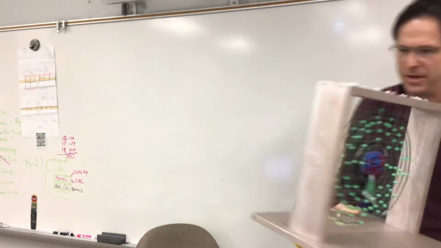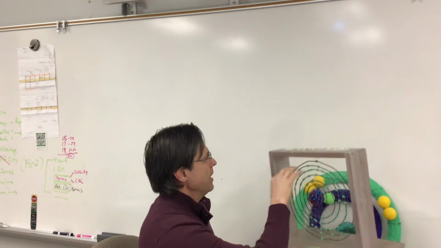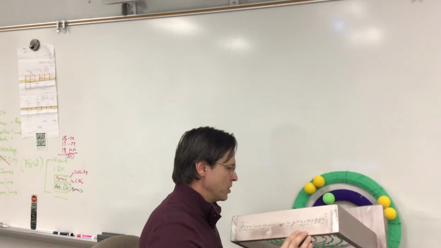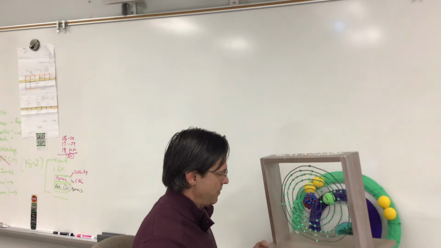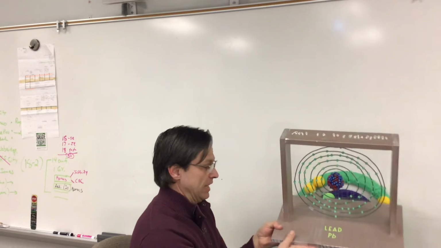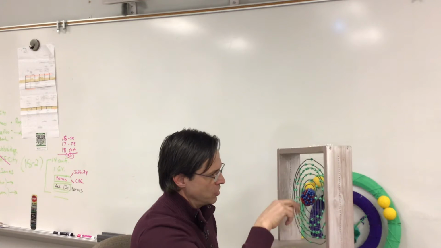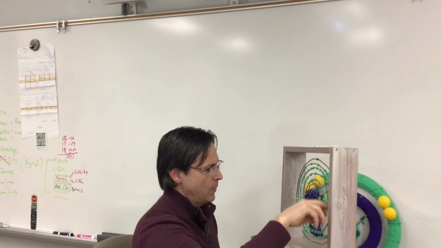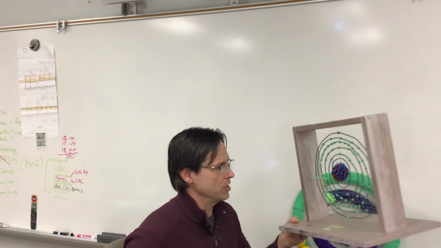Here's somebody who went really nice. They did some woodwork, and they did some simple wood, and they strung beads and strings and everything. And if I was to count all the red and the blue, actually this is lead. Okay, so obviously orbits, and there's 2, then there's 8, then there's 8, and so on. And it'd have the charges there, and there's all the orbits and the sun, the neutrons, and it's kind of cool.